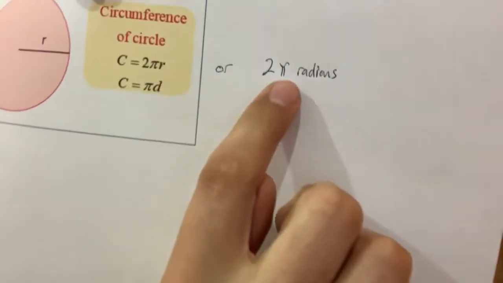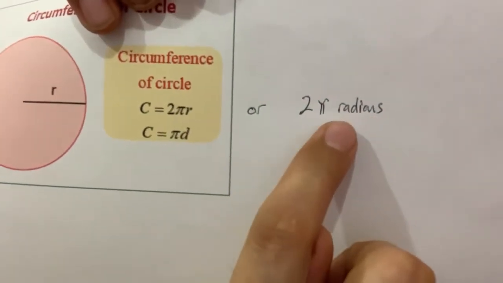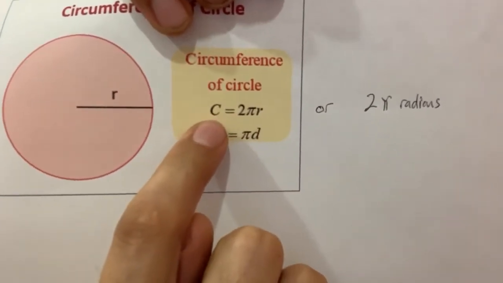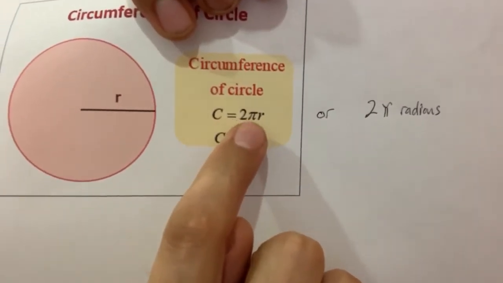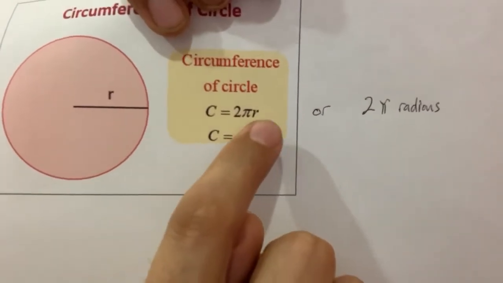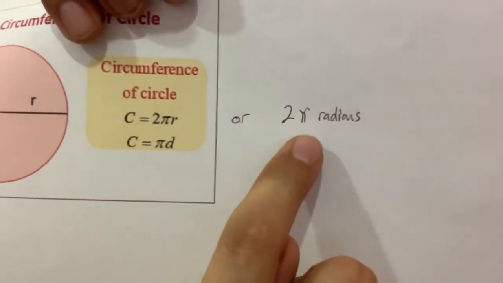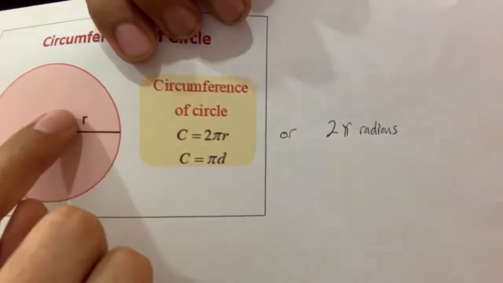The omega, which is the angular rotation rate, is 2 pi radians. It's just like the circumference. Circumference is 2 pi r, 2 times pi, which is 3.14, times the radius. But with radians, it's 2 pi radians, and that's all it means.